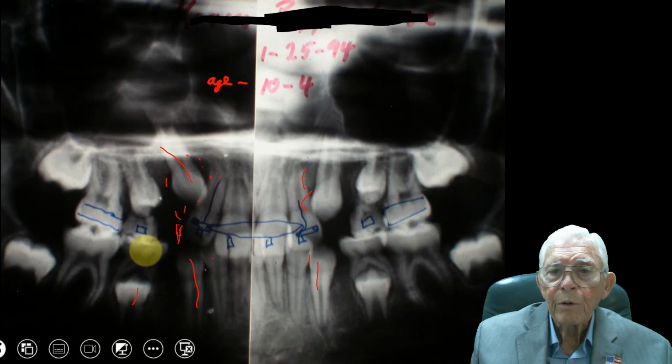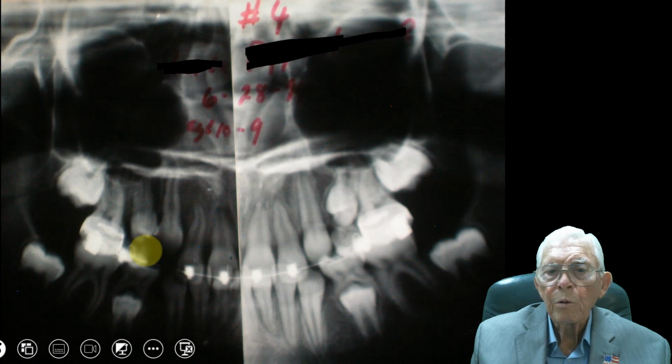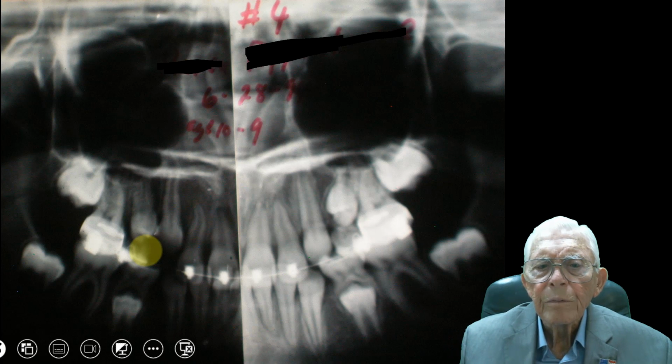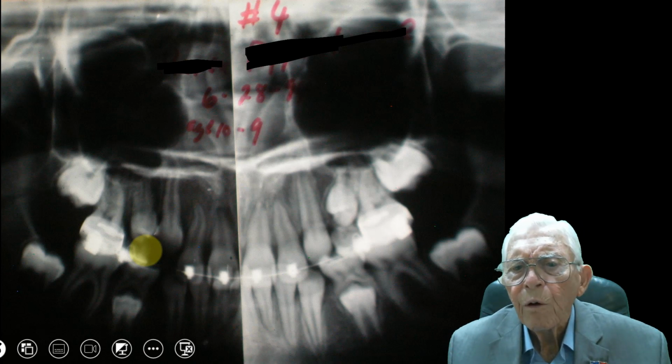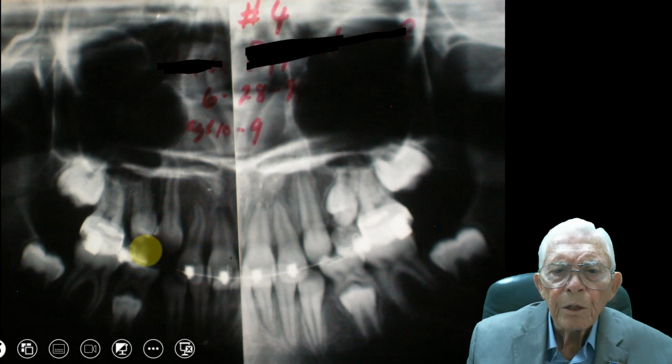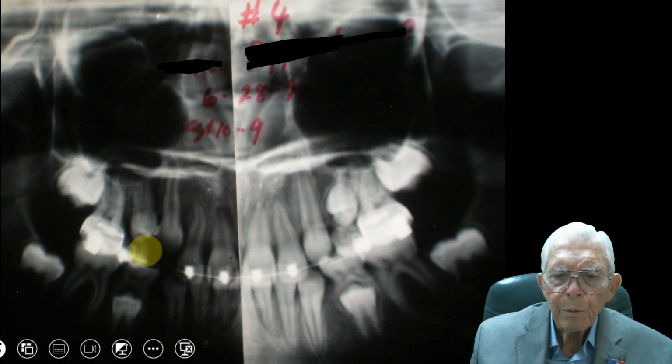Now we'll go from 94 and 8. She's age 10 and 4 months at this point. Now here we go to 94, 6 I believe, right in there. Then she's age 10 and 9 at this point.